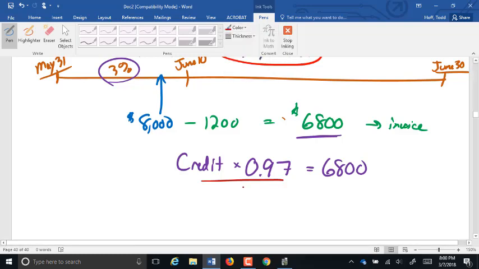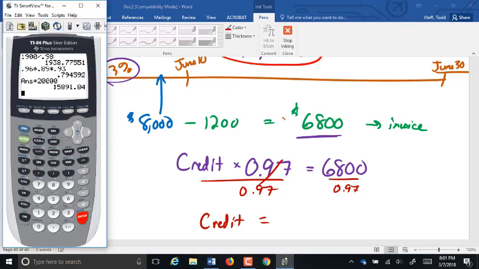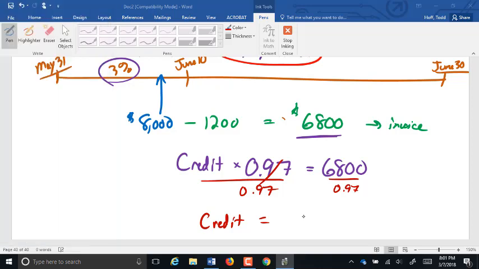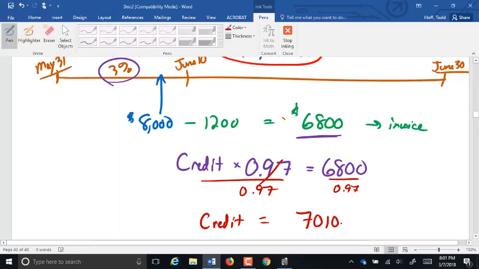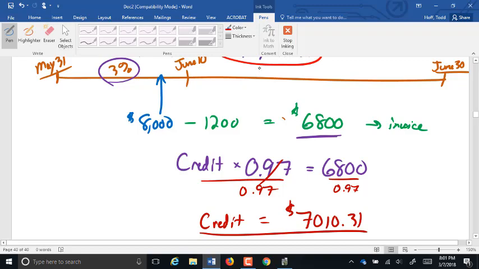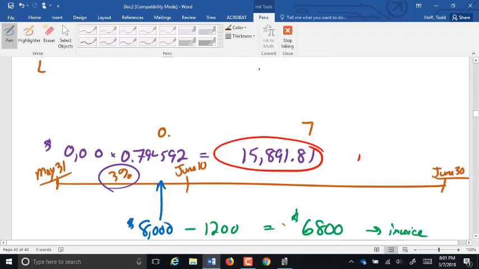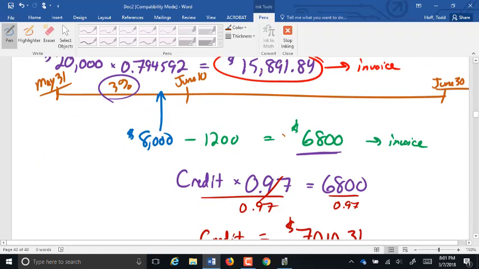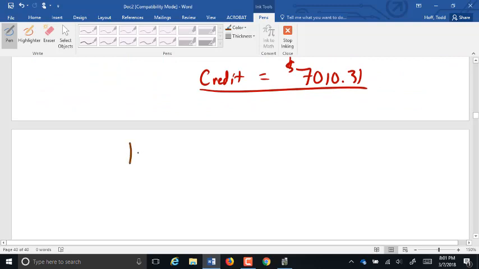So now we divide by 0.97 to get the amount of the credit, which is $7,010.31. That's the credit. Well, what was the original invoice amount? $15,891.84.